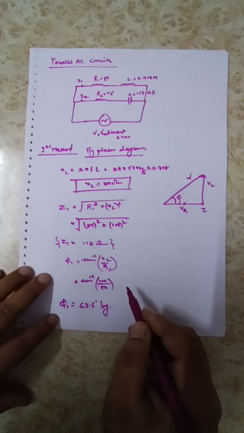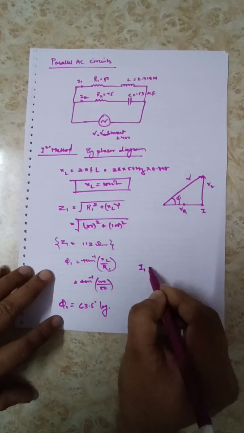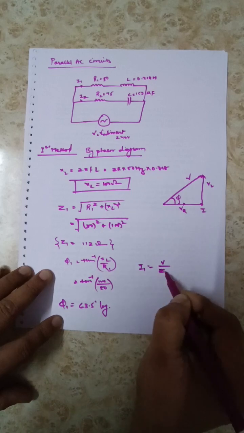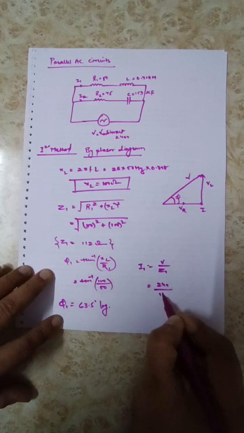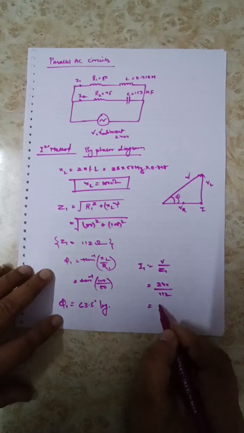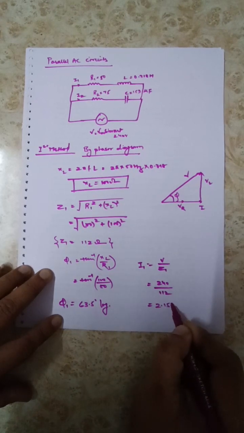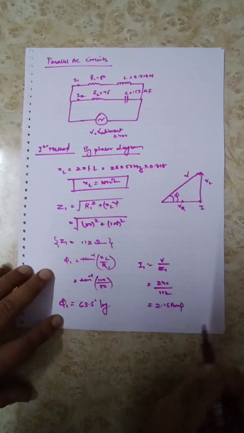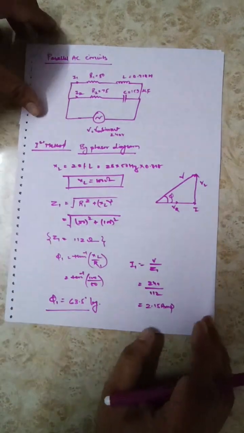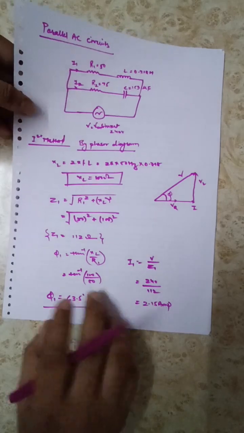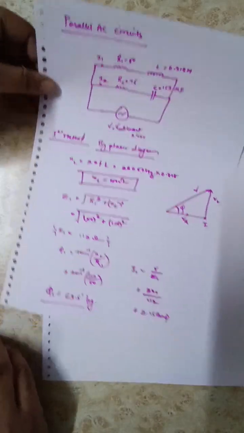So the current I1 will be equal to V upon Z1. V is 240 and Z1 is 112. So the current will be 2.15 ampere and the phase angle is 63.5 degrees. We will draw the phasor diagram for voltage and these two currents, I1 and I2, later.